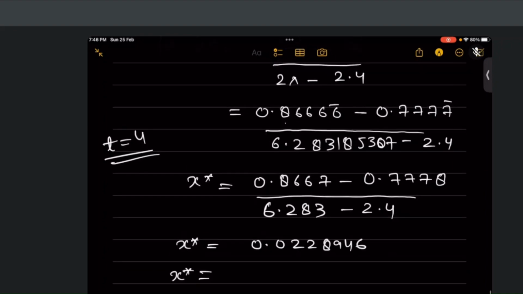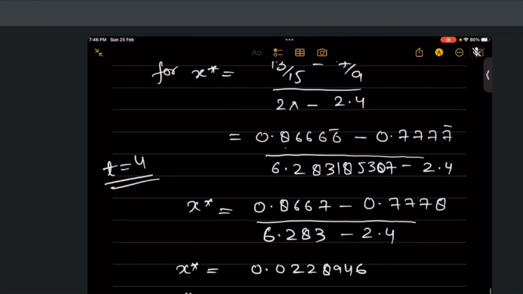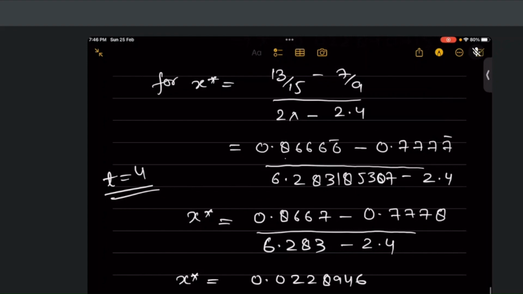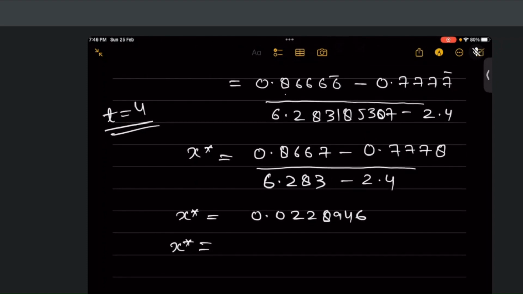Basically, each element we have to round off and do. This is the standard way of doing it. If there are functions, then you have to round off at each step.